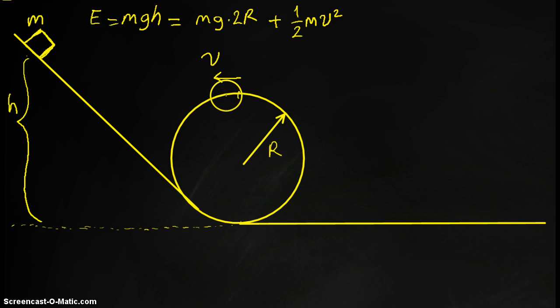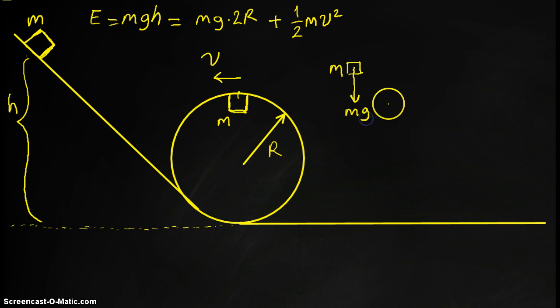And now let's concentrate on the dynamics of the object of mass m right at the top point of the circular track. So let me draw the free body diagram at the top, and this is the object. We will have a force of gravity which is downward.